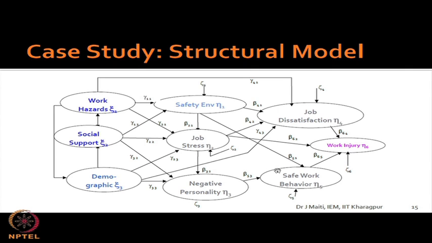Not necessarily that we are interested to know which variables or latent constructs are affecting work injury. We are interested to know the structure of relationship, meaning work hazards to safety environment, maybe safety environment to job description. Later on I will explain the direct and indirect effects, and it will be much more clear. Okay.